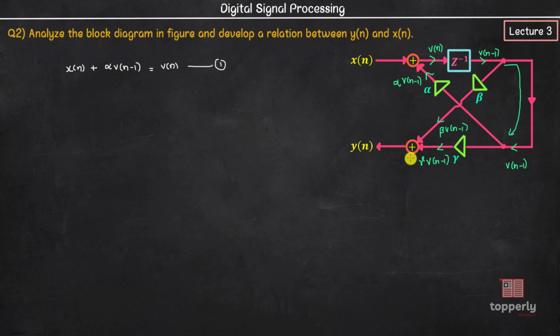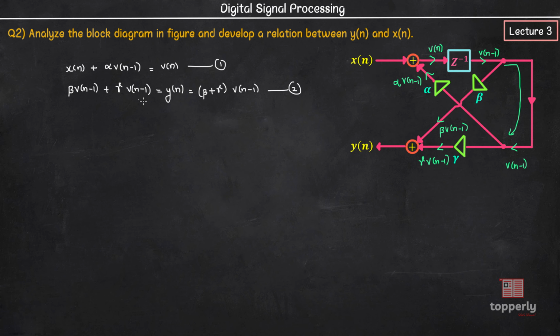Similarly, at this adder circuit, beta into v of n minus 1 and gamma into v of n minus 1 are added to get y of n. So the relation is beta into v of n minus 1 plus gamma into v of n minus 1 equal to y of n, which is equal to beta plus gamma into v of n minus 1, and let us name it as equation number 2.